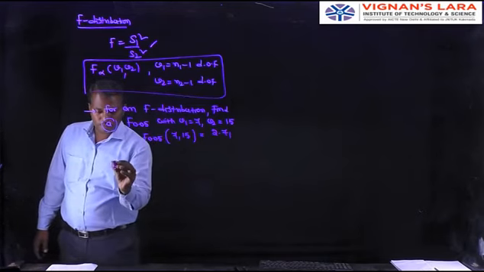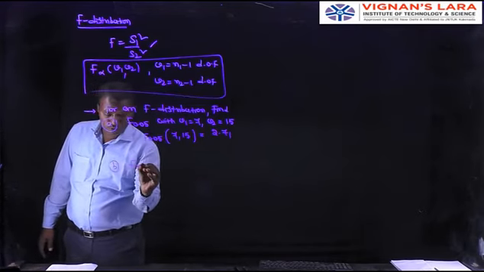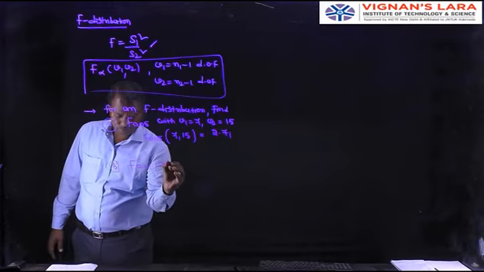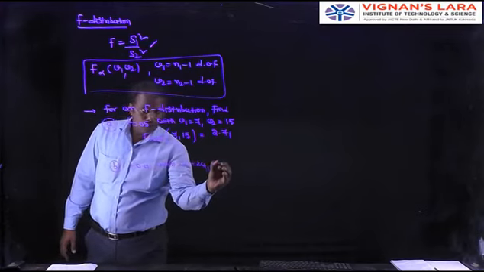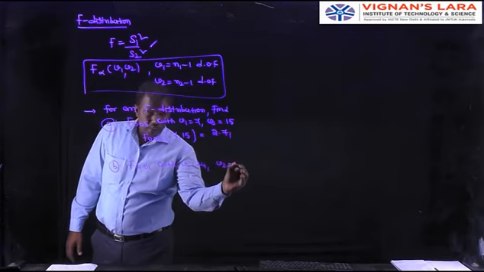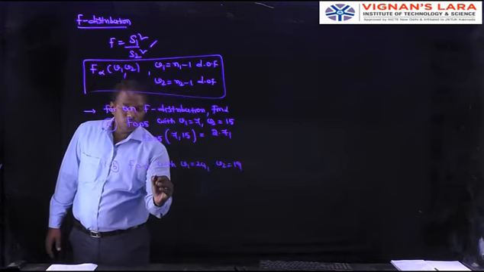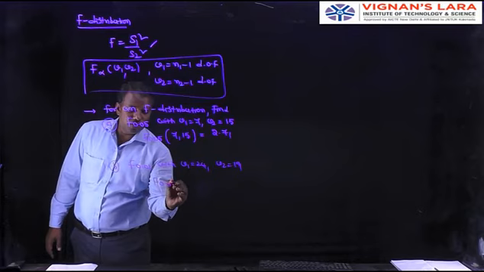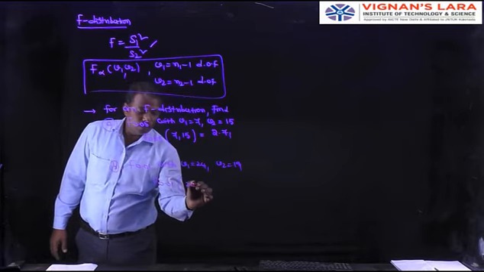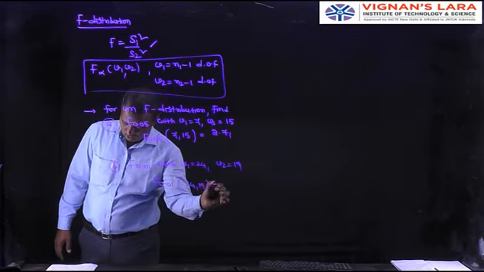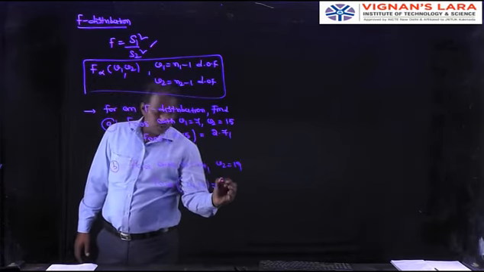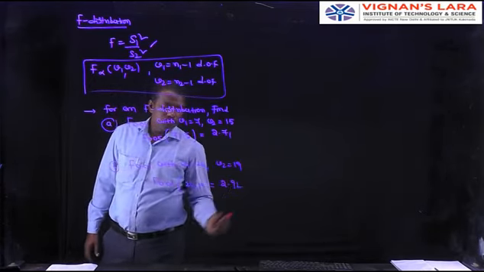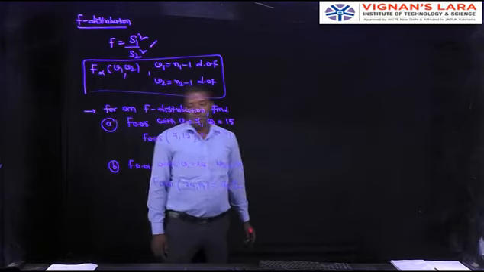Second one, B, F 0.01 with V1 equal to 24 and V2 equal to 19. So this value is F 0.01 with 24 comma 19, that value is 2.92 directly from the table, 2.92.